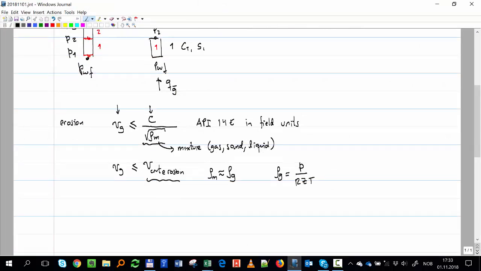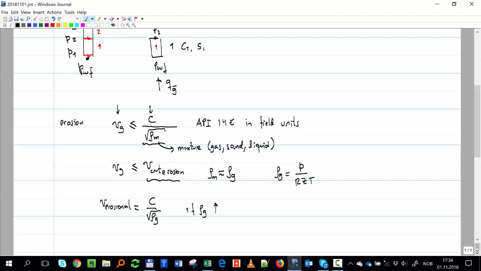So the maximum velocity I can get according to that equation is equal to C over the density of the gas. So what happens if the density of the gas is increasing?